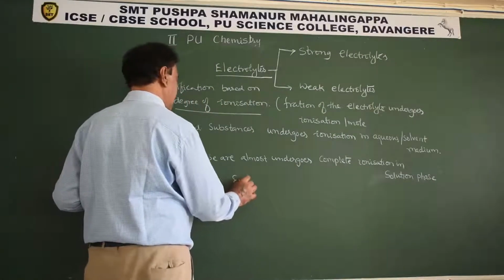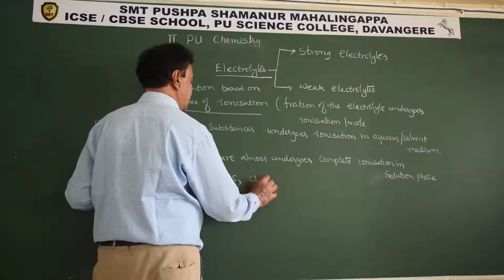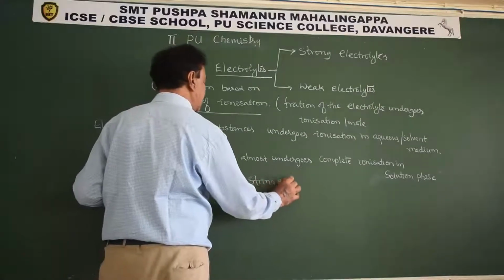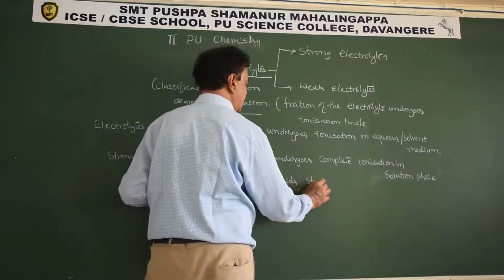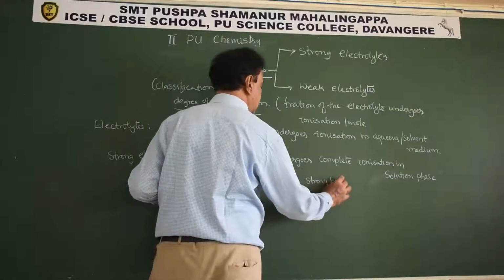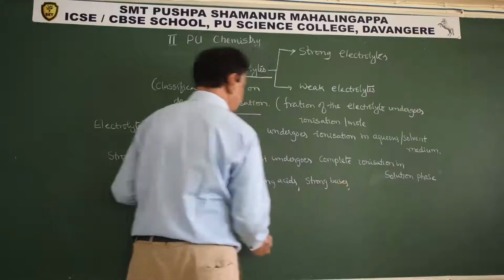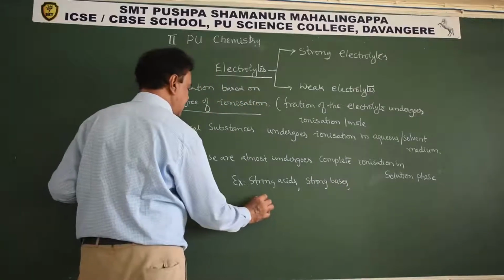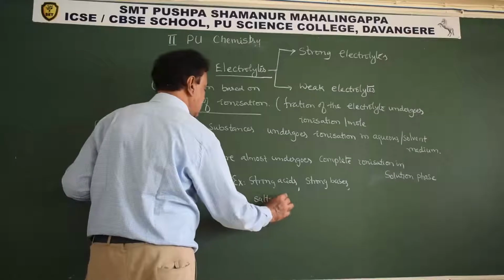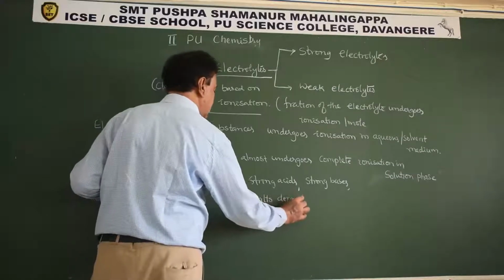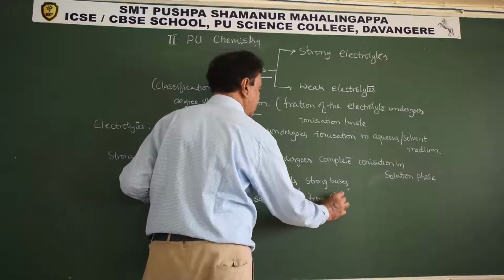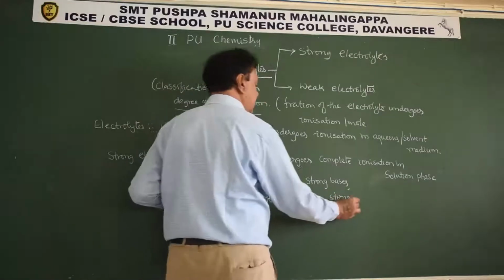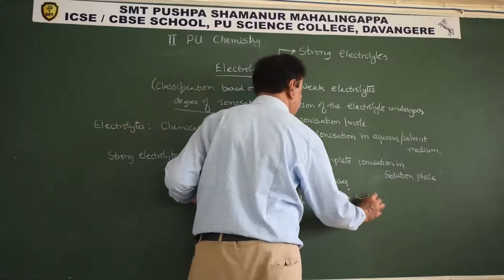Examples: strong acids, strong bases, and salts derived from strong acids and strong bases.